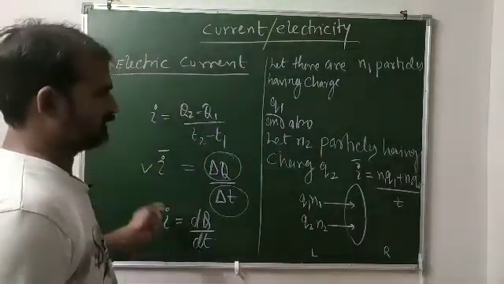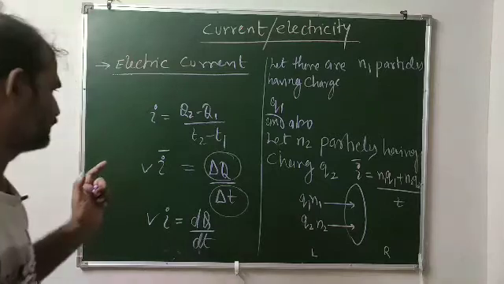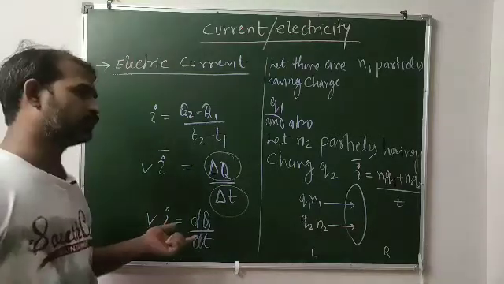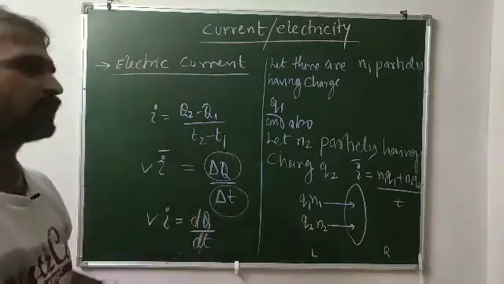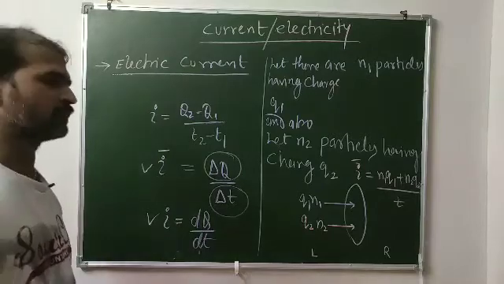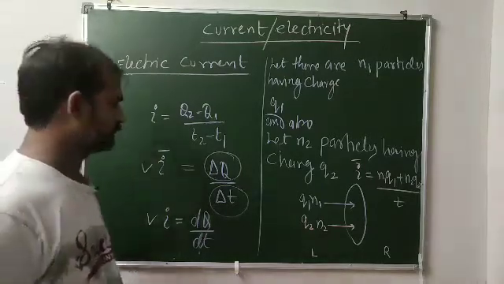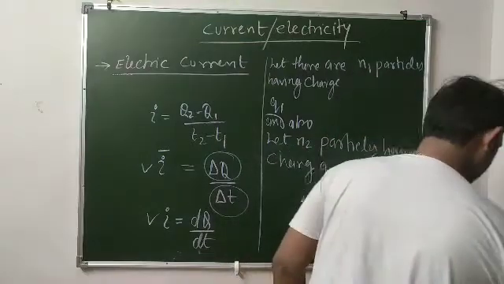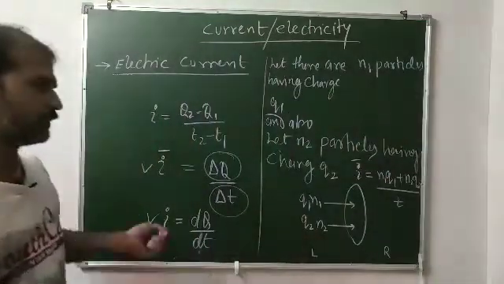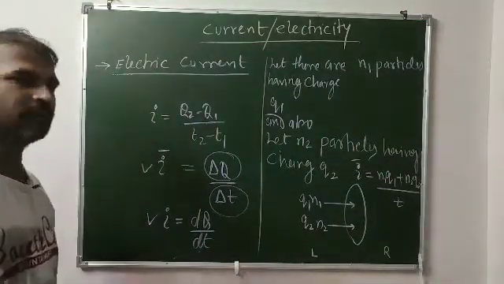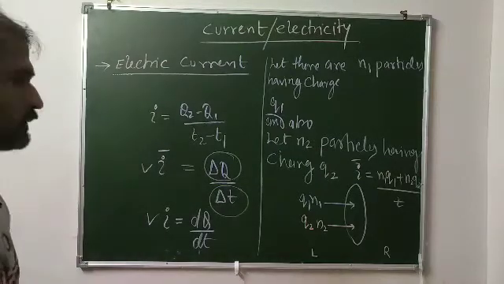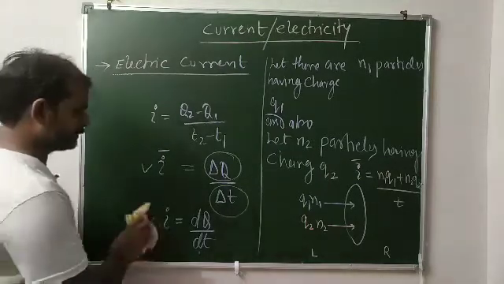Now this part I am going to erase. If you want to note it down, then you may note it down, or you may take a screenshot. Once you see, thereafter I will remove it. Seen? Okay.